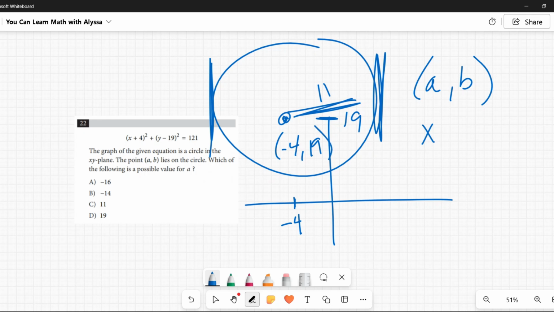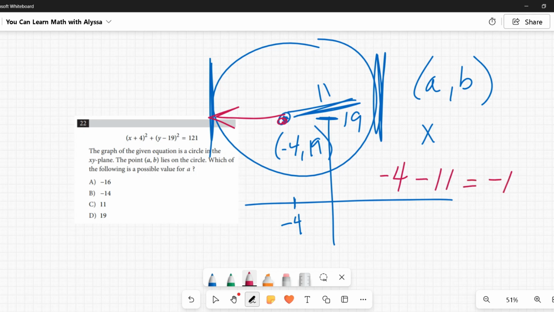To find the domain, the x values, how far to the left does it go? It starts at negative 4 and goes 11 to the left, so negative 4 minus 11 is negative 15. Then to the right, it starts at negative 4 and goes 11, so negative 4 plus 11 gives me 7.